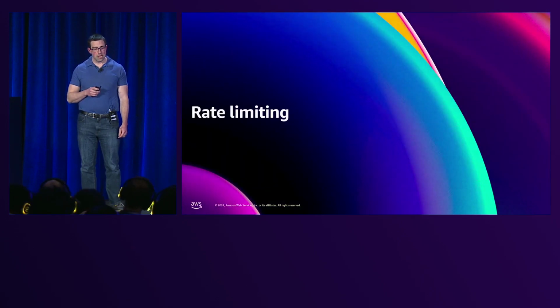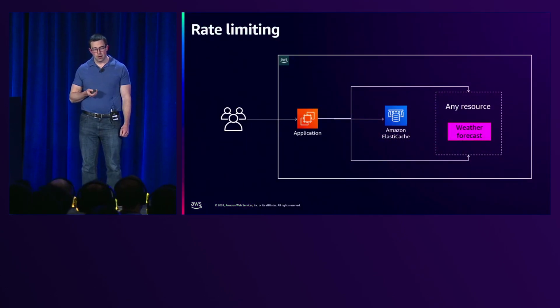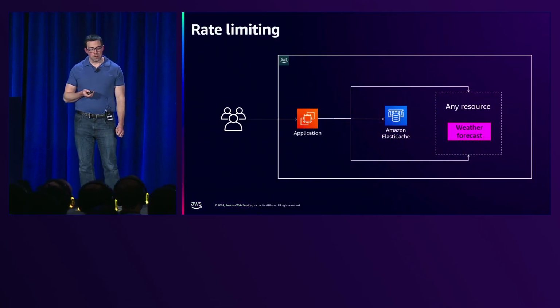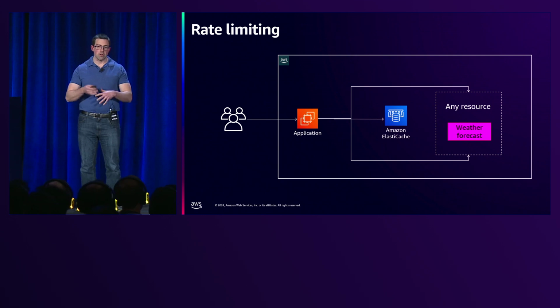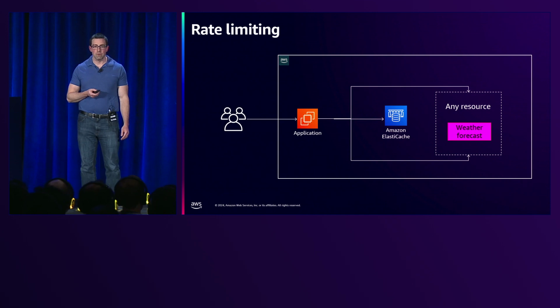I want to walk through another example of how you can leverage it for rate limiting. So the concept of a rate limiter is fairly simple, where let's say you have a distributed application and you want to be able to limit the downstream calls to any resource. In this case, let's say we have a weather forecast functionality in our night sky marketplace, and we want to be able to limit the downstream calls to it on a per user basis.